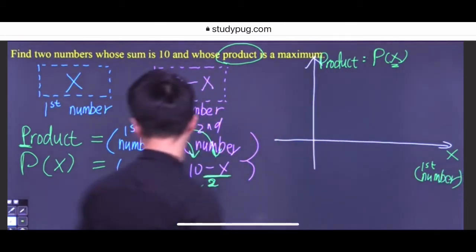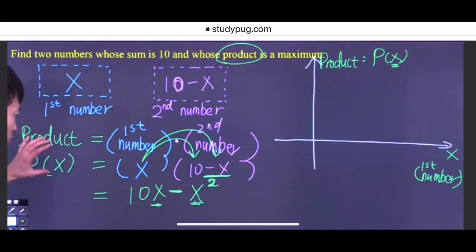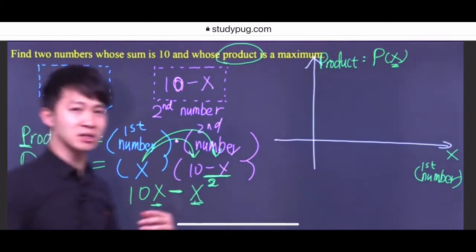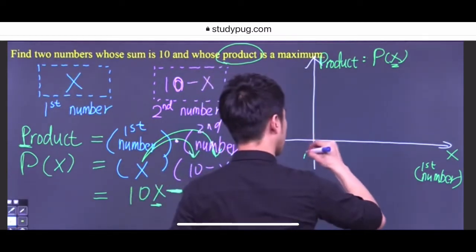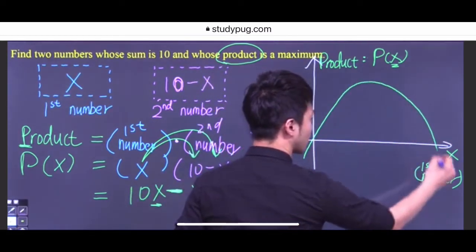Since the product function is a quadratic function with a parabola opening down, we have a graph that looks something like this.